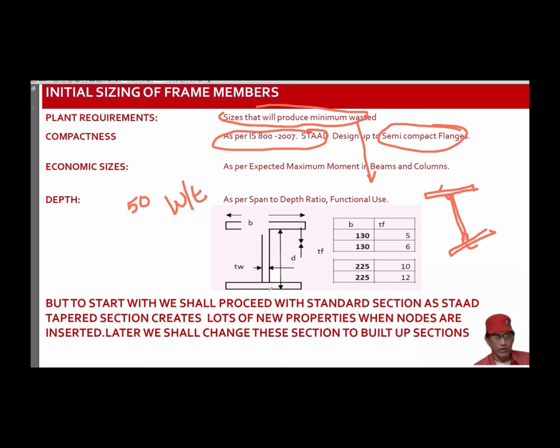So to start with, we shall proceed with a standard section such as ISMB, and later we shall change this to a built-up section when we have done all the loadings and supplied all the design parameters, etc. This ends the required information that we need to start preparation of the geometry or actual modeling in STAAD Pro. So let us see you in the next section, that is modeling with STAAD Pro.